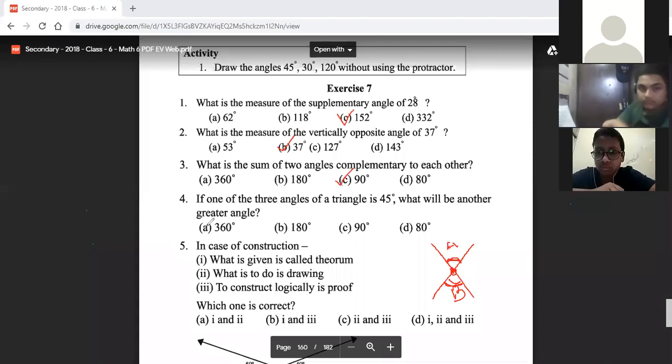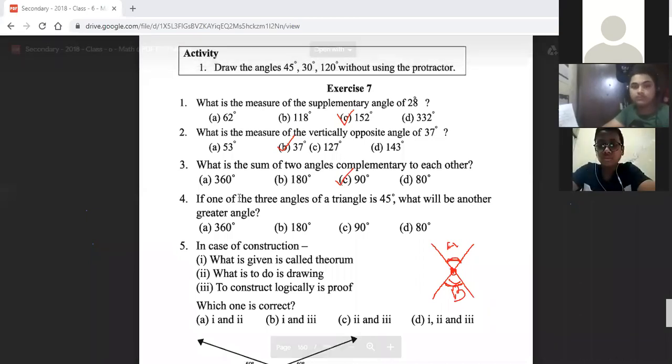90 degrees. Okay, 4. If one of the three angles of a triangle is 45, what will be the other greater angle? You know, in any triangle there are three angles. The question says one of the three angles of a triangle is 45.